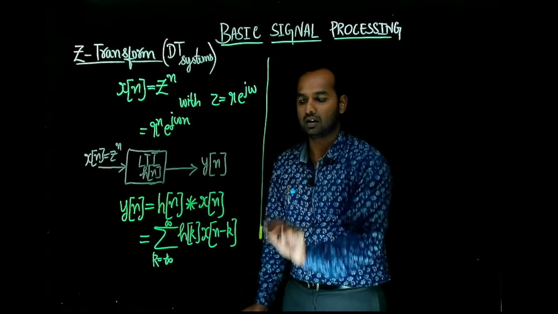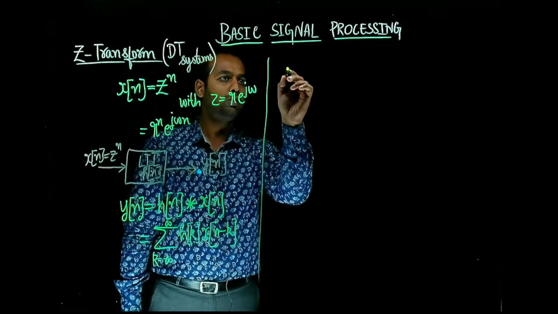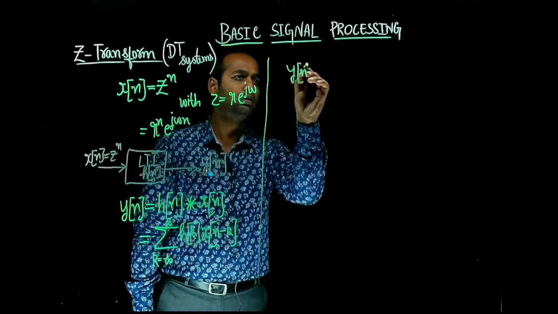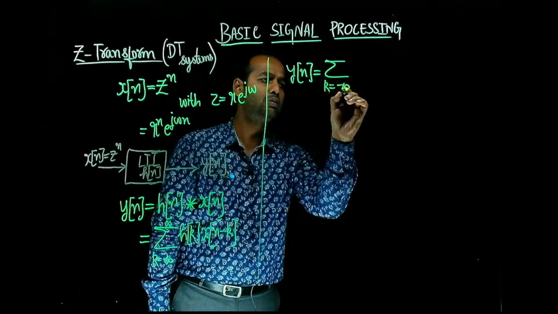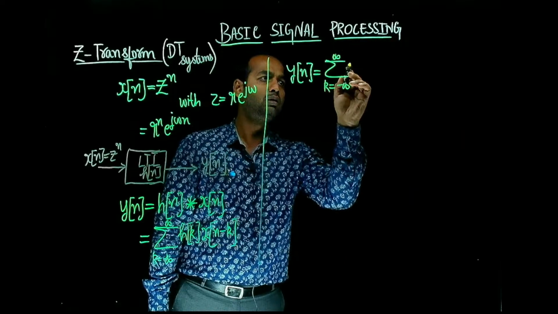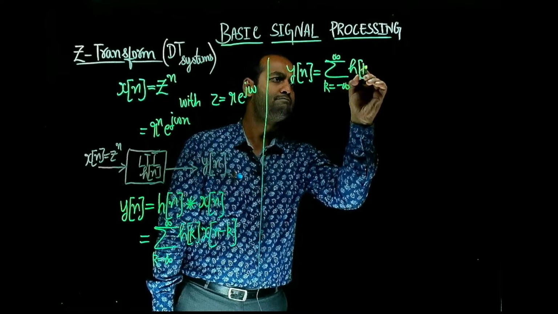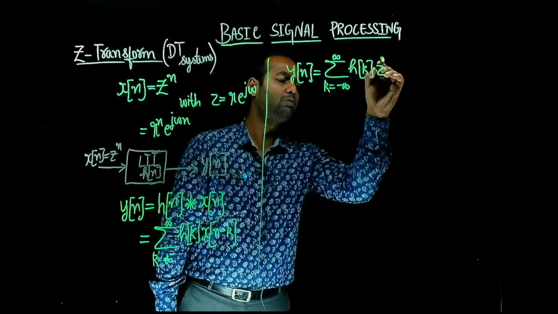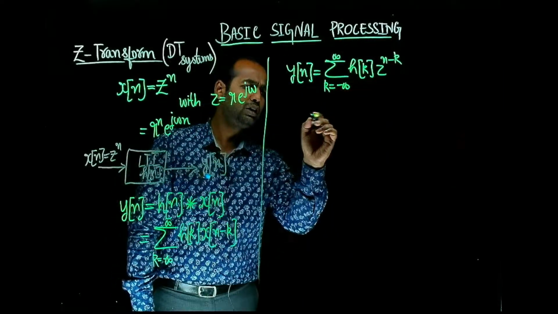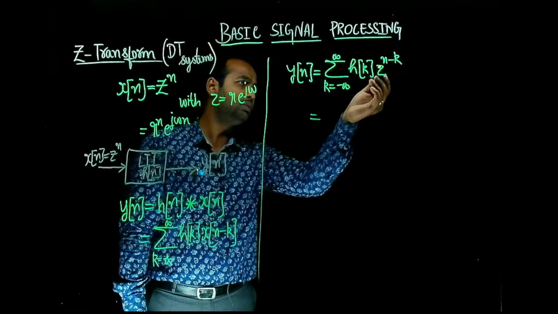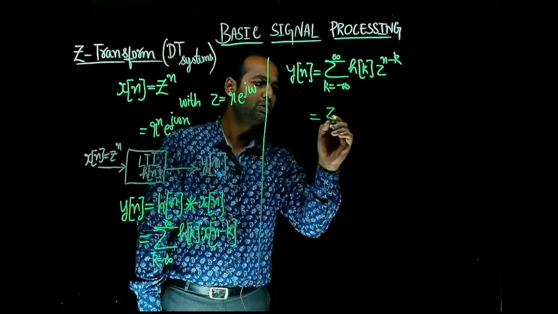So just let me write it here. y of n can now be quickly simplified in this form: k from minus infinity to plus infinity, h of k into z to the power of n minus k. Here everything except the term z power n is a constant, so we can bring it outside.